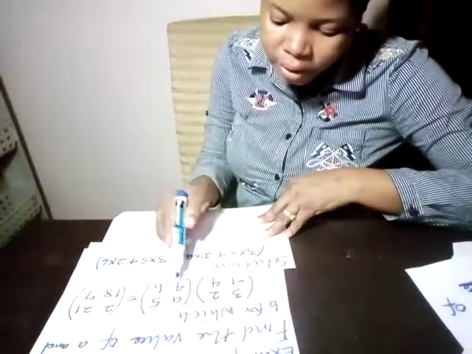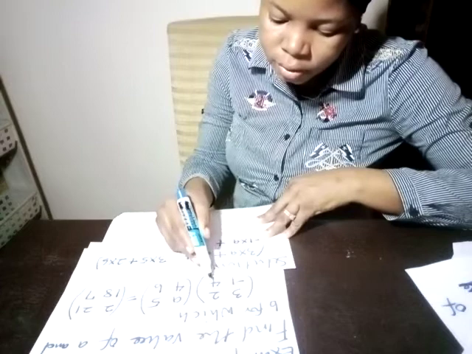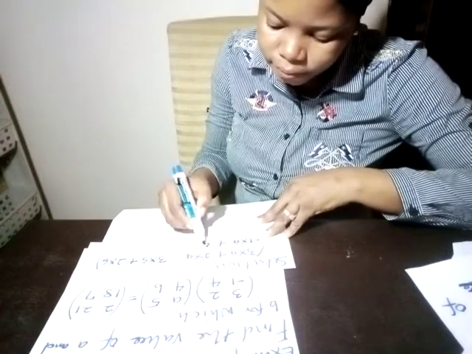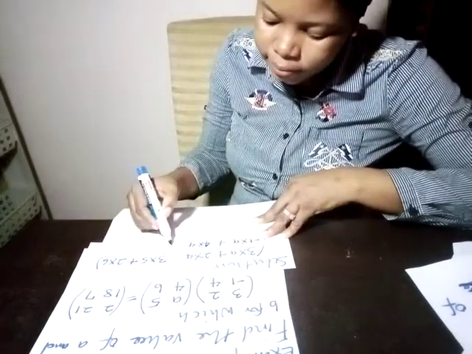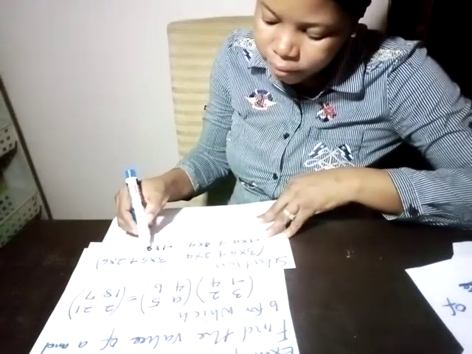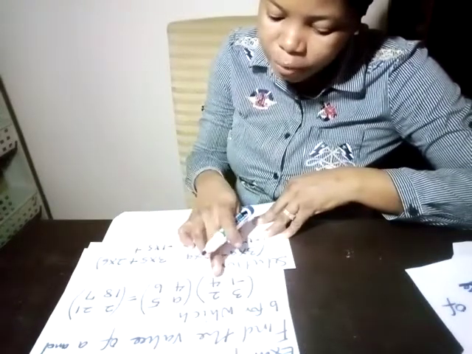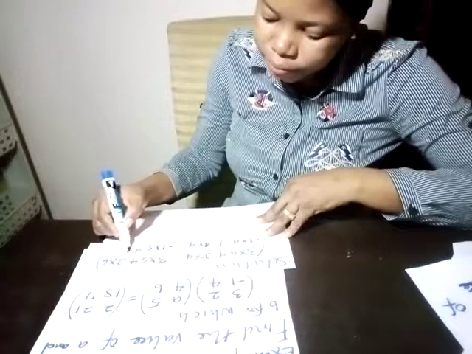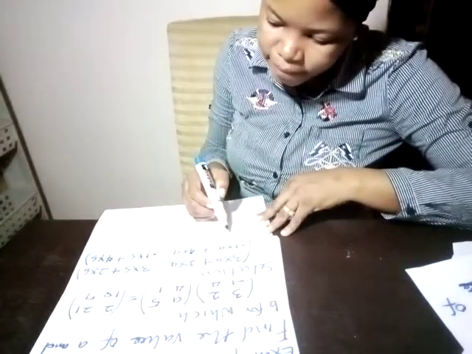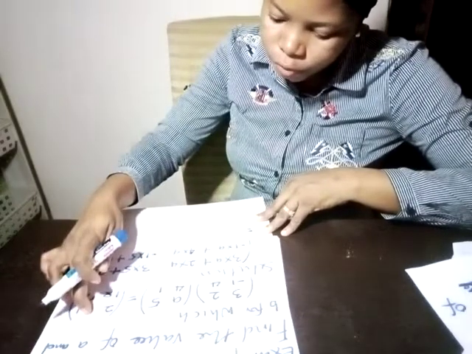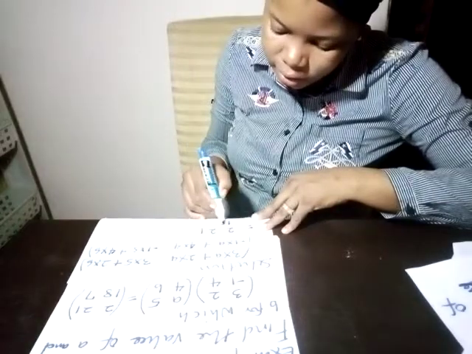The next one, minus 1 times a plus 4 times 4, followed by minus 1 times 5 plus 4 times b. So I will have equals to what I have here: 2, 21, 18, 7.